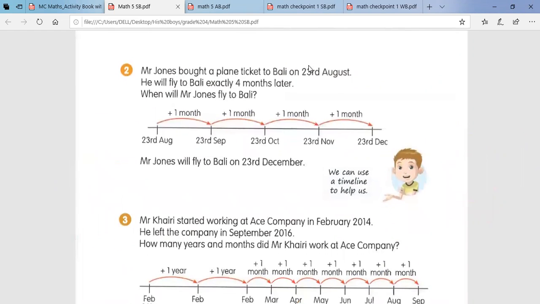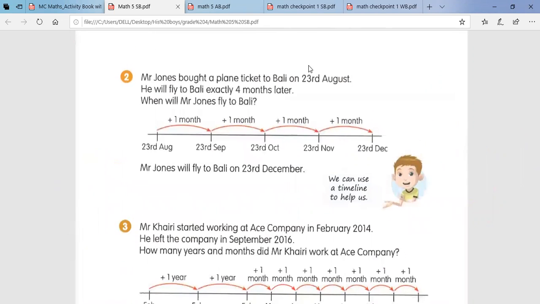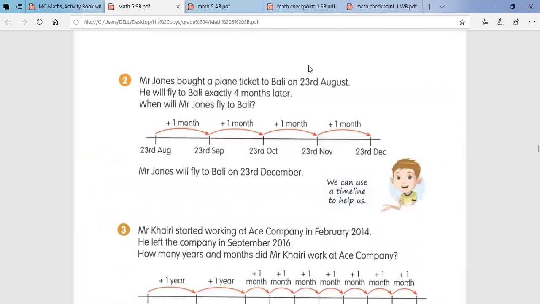Abdurrahim, read it. Mr. Jones bought a plane ticket to Bill on 23 August.